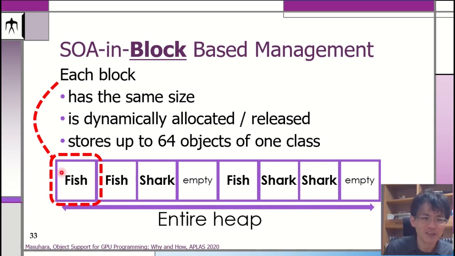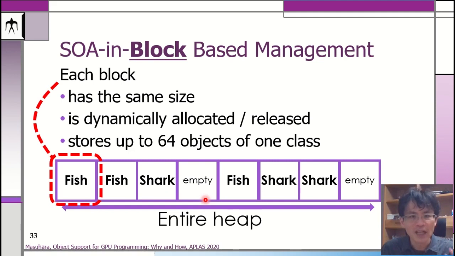In this case, this block is assigned to the fish class, this one is assigned to the shark class, this one is not yet used, and so on. Each block stores up to 64 objects of the assigned class. The number of objects that can be stored in a block depends on the size of the class.